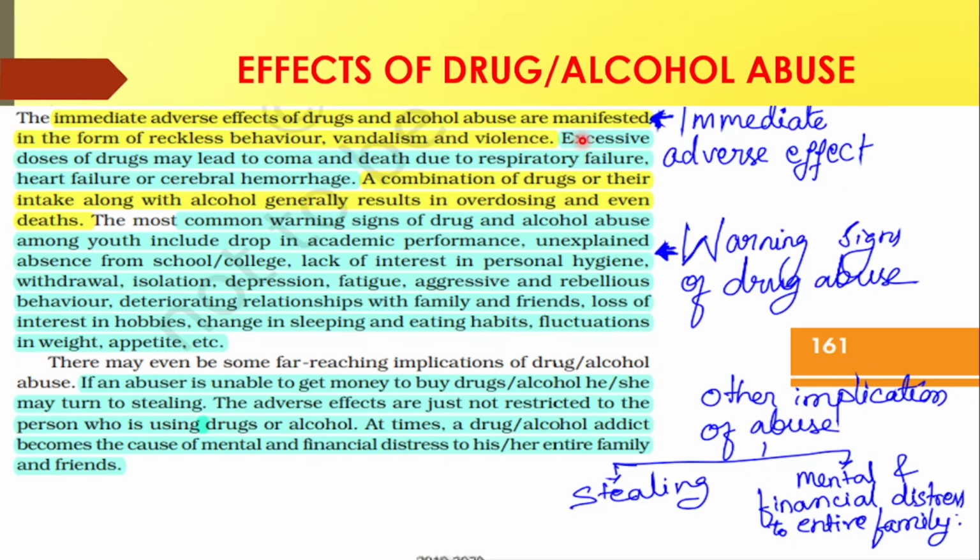Okay, then excessive doses of drugs may lead to coma and death due to respiratory failure, heart failure, or cerebral hemorrhage. A combination of drugs or their intake along with alcohol. कई बार क्या है, अल्कोहल के साथ लोग दूसरी ड्रग्स ले लेते हैं, ठीक है, कोई मेडिसिन ले लेते हैं, generally results in overdosing and even causes death.